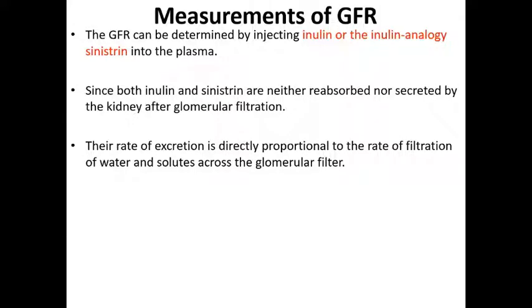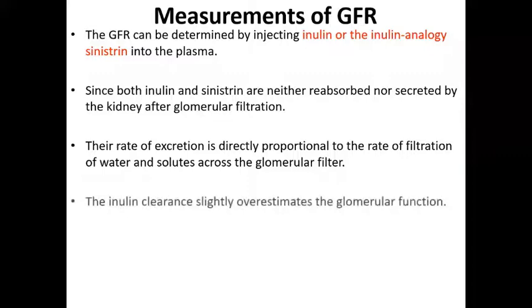So the rate of excretion of inulin is directly proportional to the rate of filtration, and you'll be able to estimate the glomerular filtration rate. The inulin clearance slightly overestimates the glomerular filtration rate. What I mean is the inulin clearance itself will slightly overestimate the glomerular filtration rate. Why? It's because after filtration of inulin, the concentration of inulin is going to increase. Why?